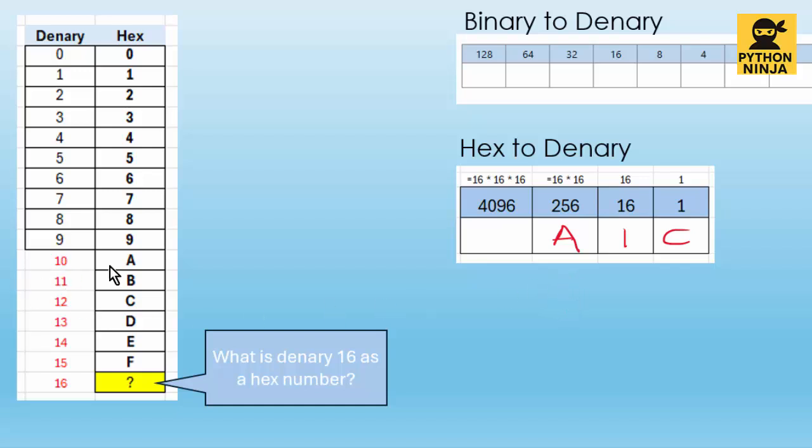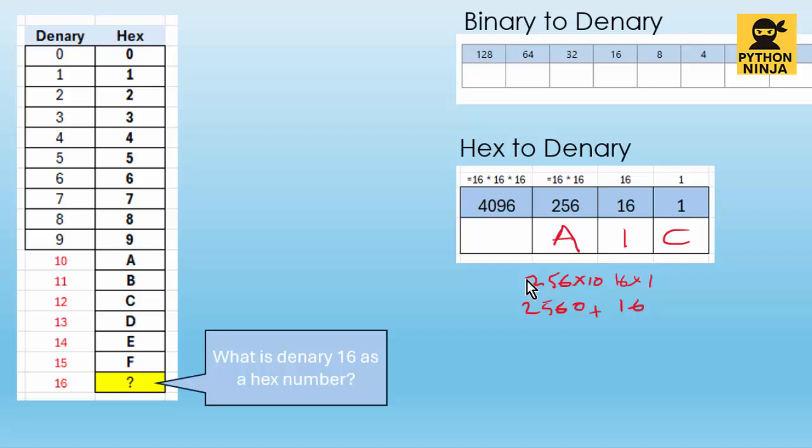So we know that A is equivalent to denary 10, so we take the column heading, which is 256, and multiply it by 10, so that gives us 2,560. And then we've got the column heading, so 16 times 1 is going to be 16, and C. So what is C?